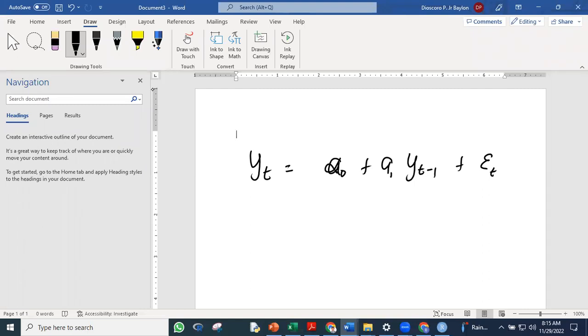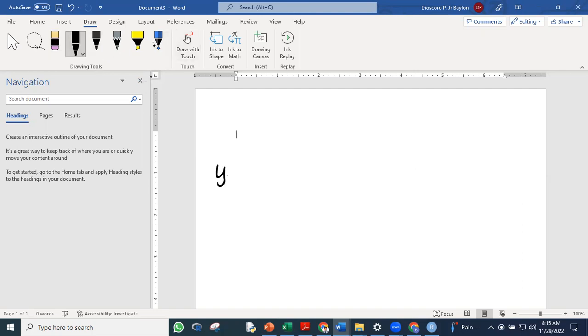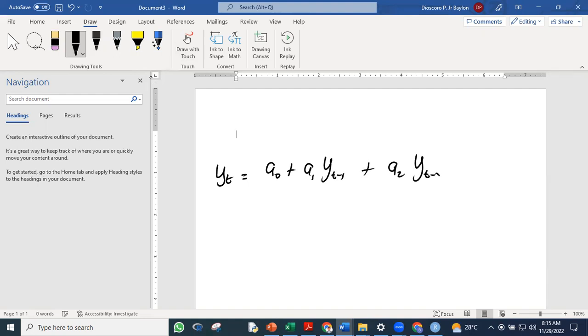Gawin natin plus A sub 2, y sub t minus 2. Ayusin ko lang. So we have y sub t is equal to your constant plus A1, y sub t minus 1 plus A2, y sub t minus 2 plus your error term.